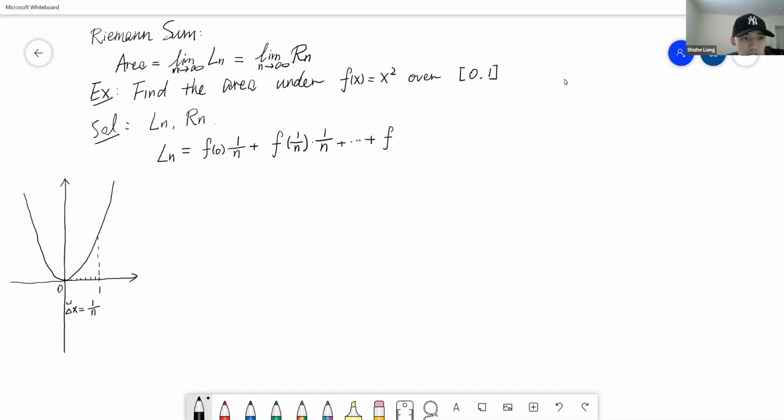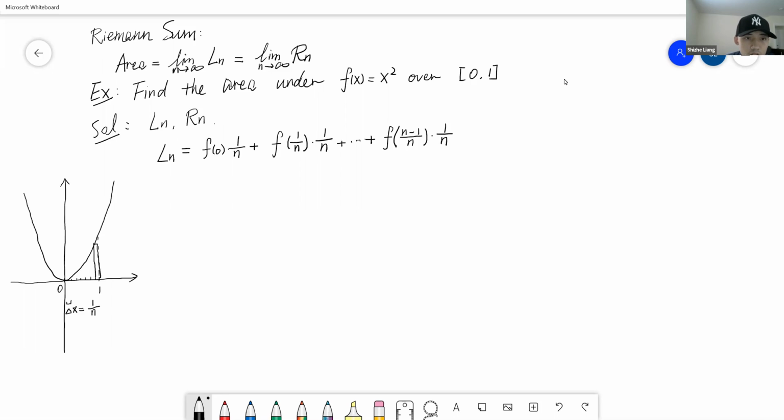The last rectangle is this one. Let me see if I can draw this. Okay, so this is a tiny rectangle. And if you think about this, you will see that the left endpoint is (n minus 1) divided by n times the width, which is 1 over n.